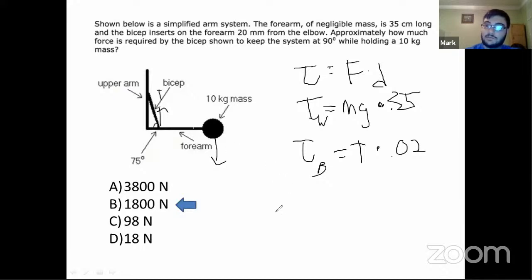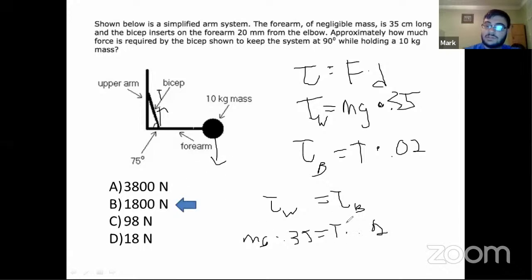So the net torque, just like with the net force before, is equal to 0. If the net torque is equal to 0, we know that tau W and tau B are equal. Therefore, we can set it like this: mg times 0.35 is equal to T times 0.02, right?